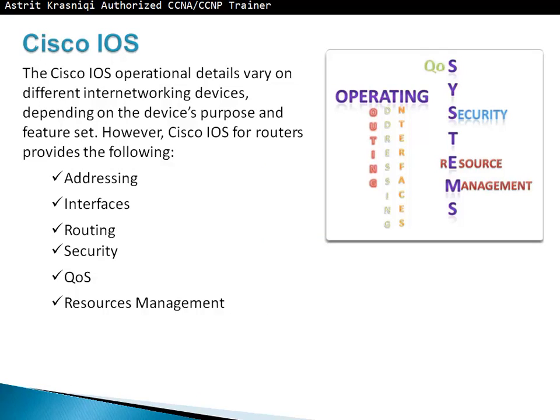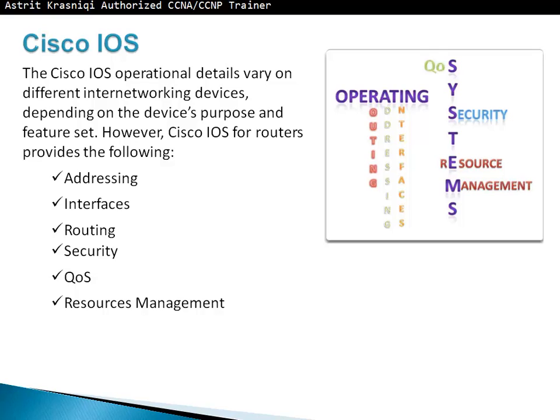Cisco IOS operation details vary on different internetwork devices, depending on the device purpose and feature set. Now, think of IOS as there being different IOSs for you to purchase. There are less featured IOSs, like 11.0, 12.0, and so on. The latest one is 15.0, IOS 15.